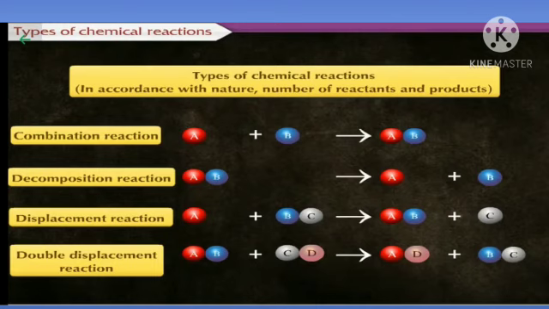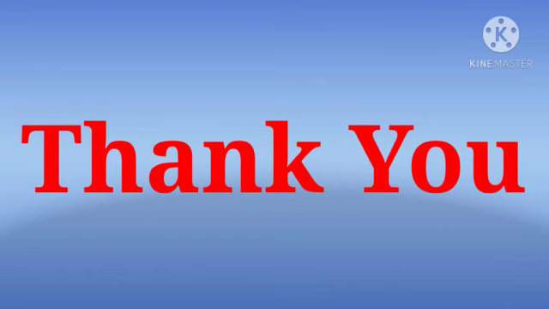In this reaction, highly reactive element A displaces C and forms A, B and C. In the last, double displacement reaction, the ions of AB and CD are exchanged and form AD and BC. Thank you.